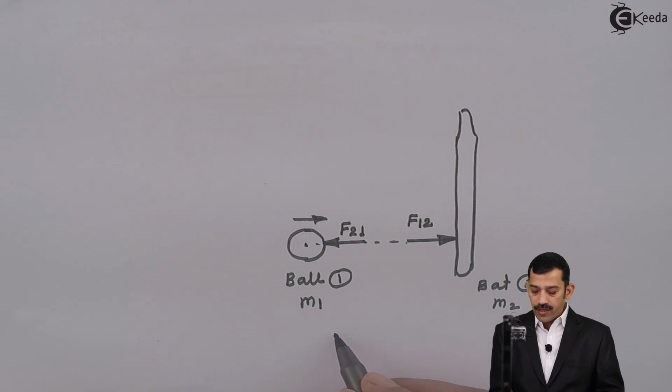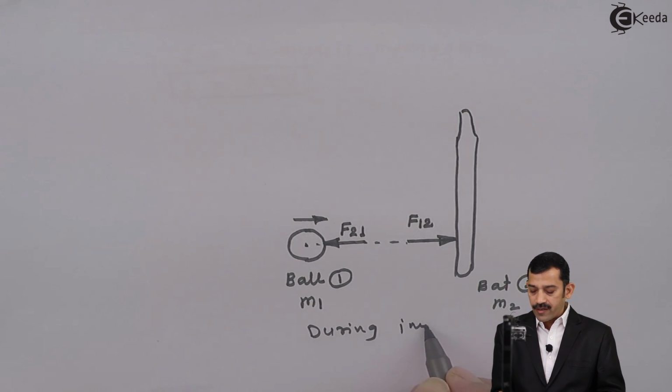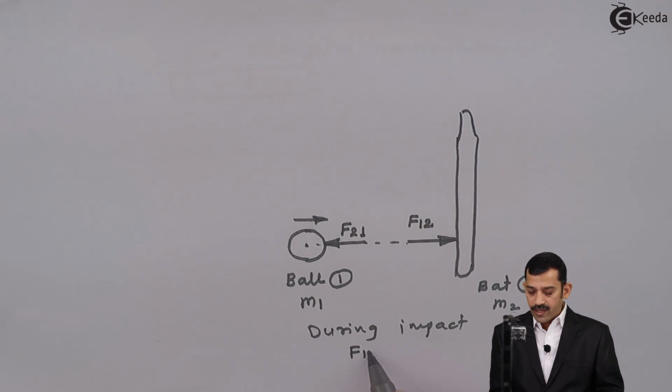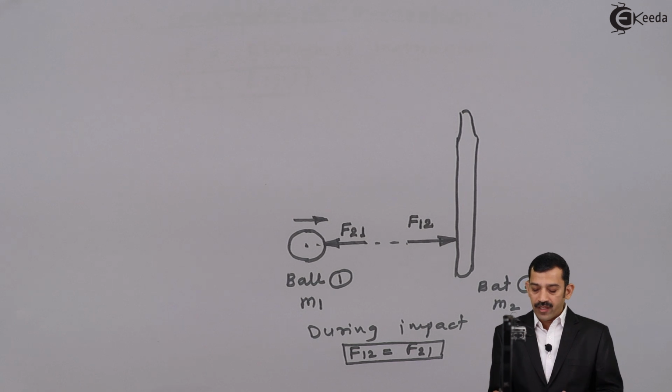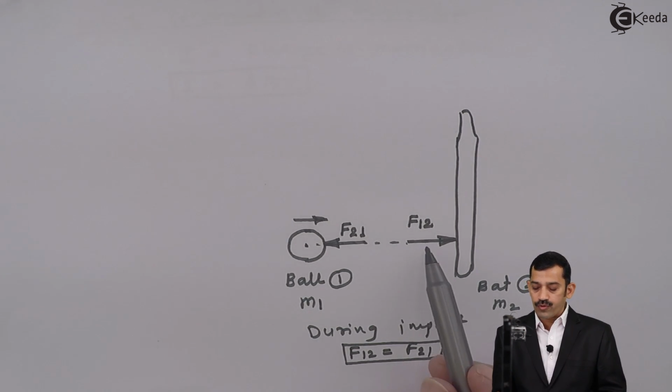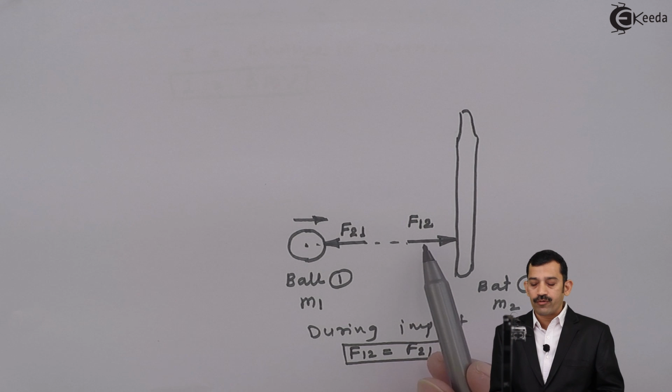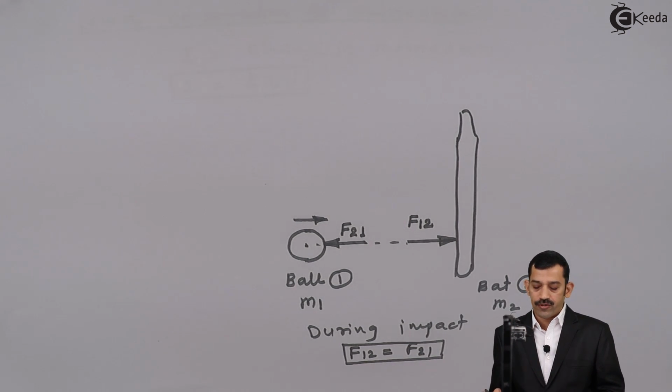Therefore, during impact, the forces developed are a sort of action and reaction. The magnitudes of these forces are the same, F12 equal to F21. As these forces are developed in a short interval of time, the impulse due to force F12 is F12 into dt, rightward, which you can say is positive.